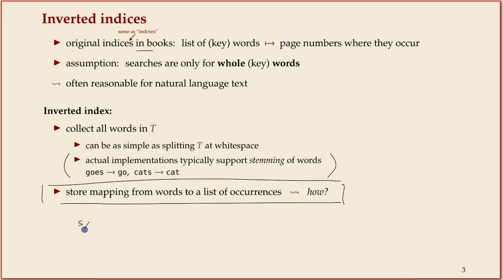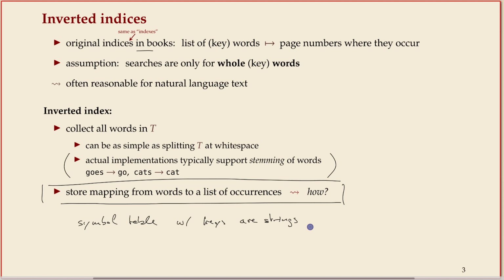So in a way, it's just a symbol table where the keys are strings. Other than that, the abstract data type is the same. We just need a mapping from strings to lists of indices.